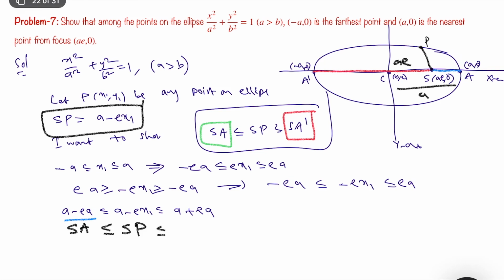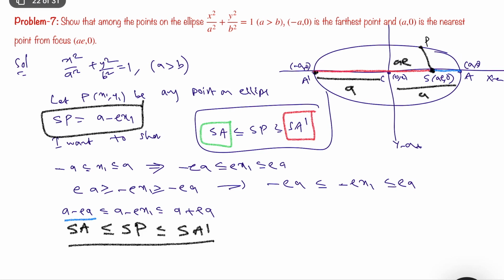Now, this is a and this is ae, so a plus ae is going to be the distance from this S to A dash. So a plus ea is equal to SA dash. As you can see, we have SA less than or equal to SP less than or equal to SA dash for any point on the ellipse. Okay, so that means we can say A is the nearest point on the ellipse to the focus S, ae comma 0, and A dash is the farthest point on this ellipse from this focus ae comma 0.